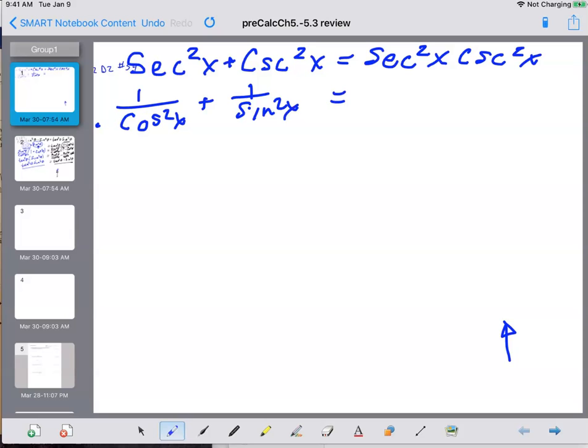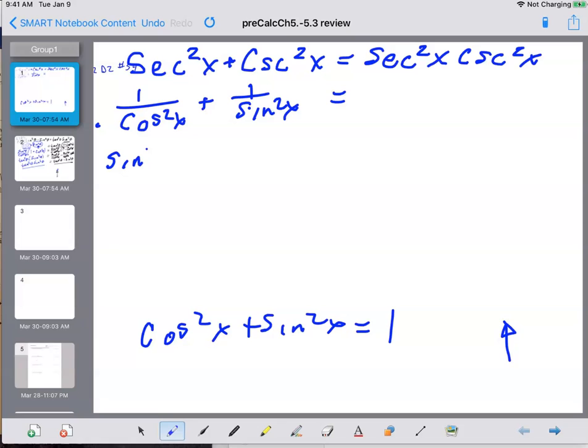Okay. Now, keeping in mind, I want to get these to be alike, and I'm thinking about the idea that cosine squared x plus sine squared x is equal to 1. So I have that 1 up there, so I'm trying to get the numerator portion to be like this. So I've got to multiply, on the first side, by sine squared over sine squared.